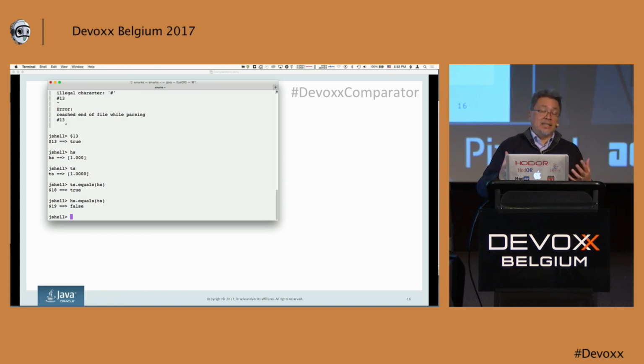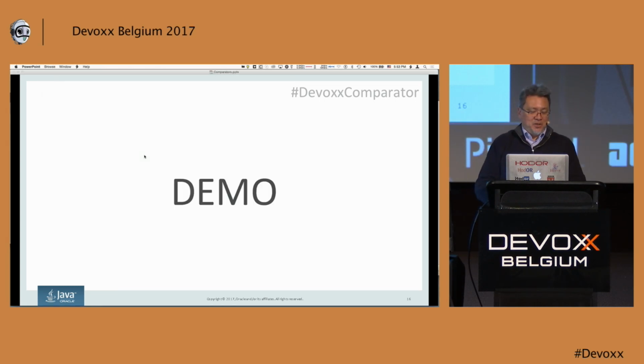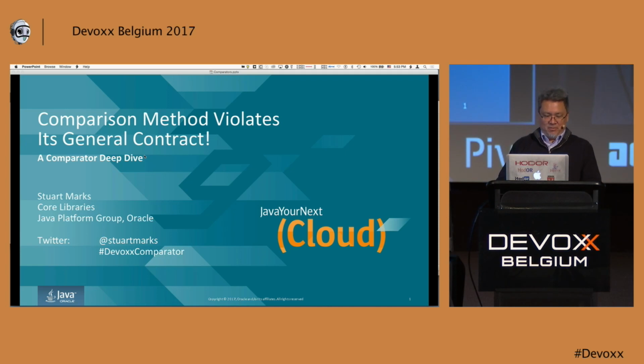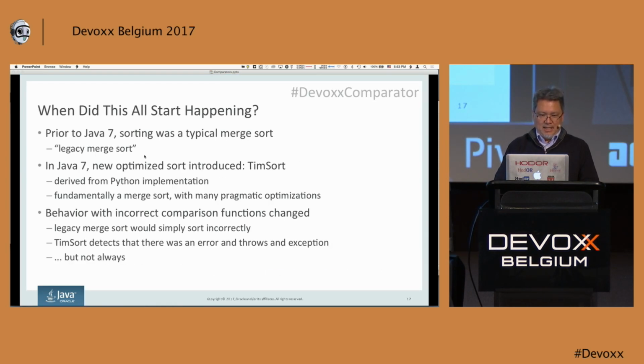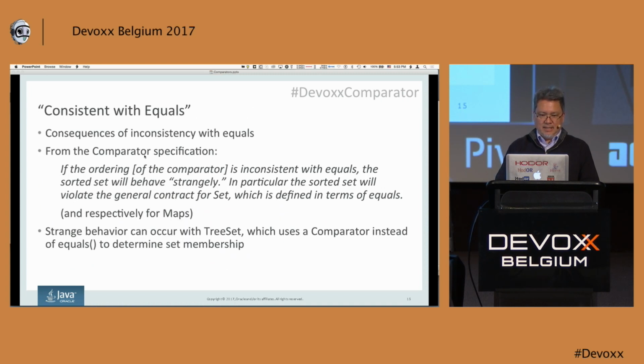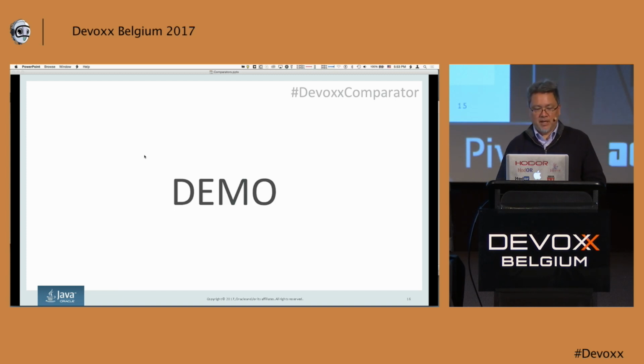So is this a bug? It's certainly counterintuitive behavior, but this is what the spec means when it says the sorted set will behave strangely, because you will get inconsistent results. So you have to be careful about this one.